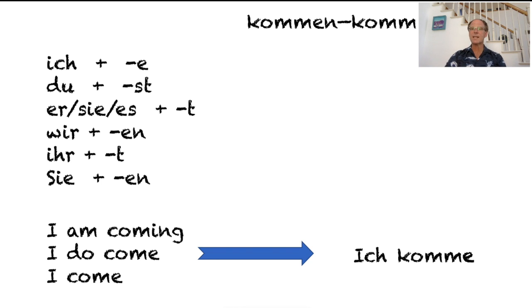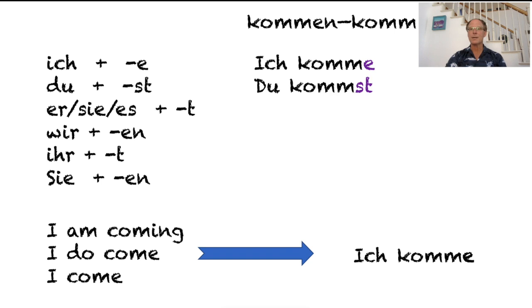And you'll notice that the ending on the end of that, of the verb stem komm, is just an E ending. If you want to say you are coming, you do come, you start with the verb stem, komm, and you add the ST. So that becomes du kommst.